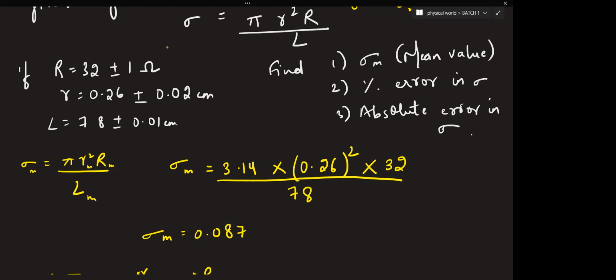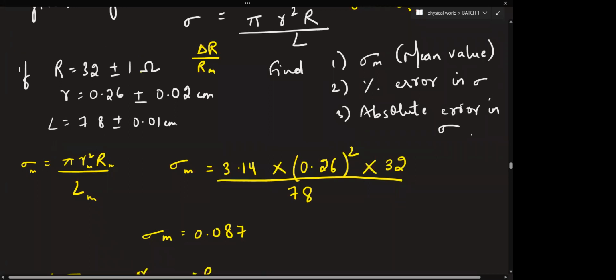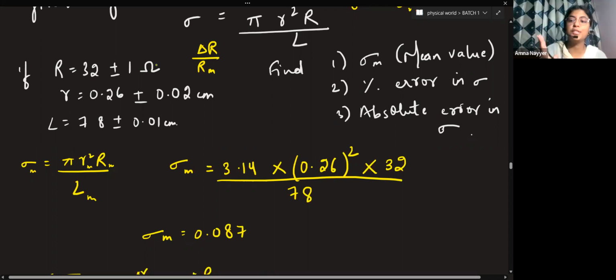From here, capital R by Rm. Opposite, you're saying the opposite. See, the first term that you write is the mean value. If you are writing in this manner, this is your Rm and this is your delta R.